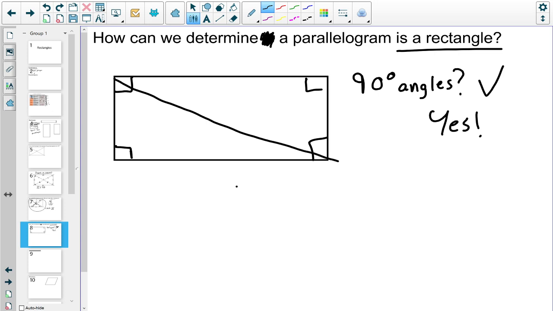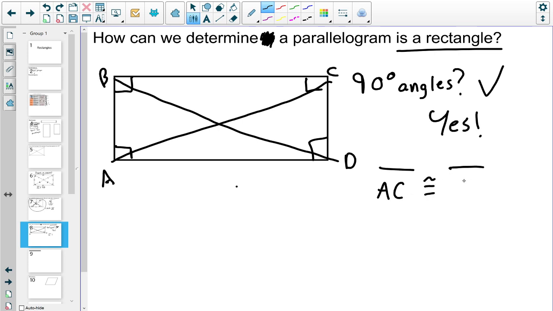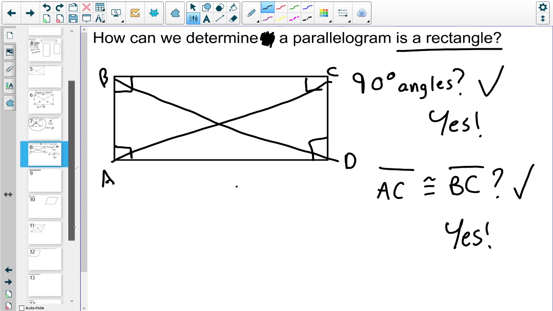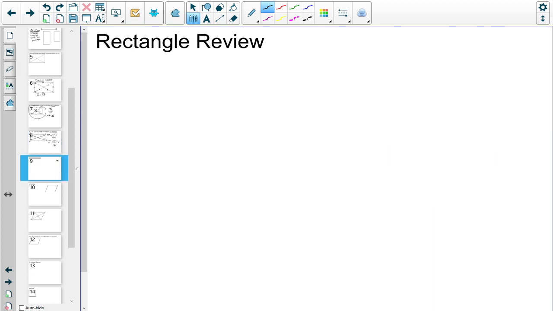What if the diagonals, and that is a very crude drawing, but it will do for now, what if we say the diagonals here, like line segment AC, are congruent to line segment BD? Do we have that? If that's true, then yes, it is a rectangle. So remember those properties. Remember what makes a rectangle special in comparison to a parallelogram.